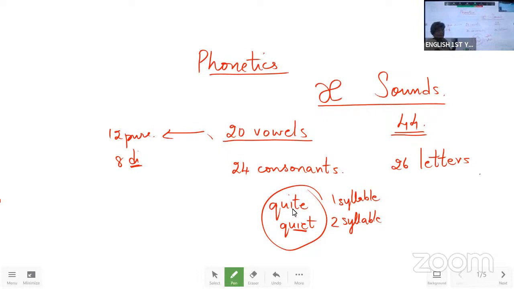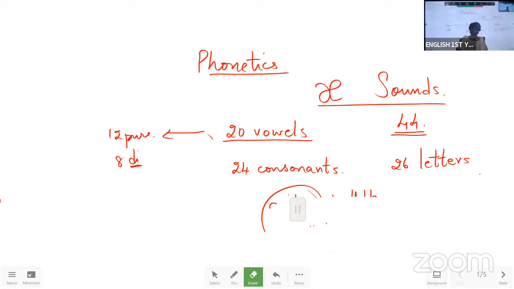And children, remember, English looks interesting, but the pronunciation is very, very important, especially when you do odd sounds, syllable division, and all that. So coming to phonetics, like I already told you, there are 20 vowels and 24 consonants.